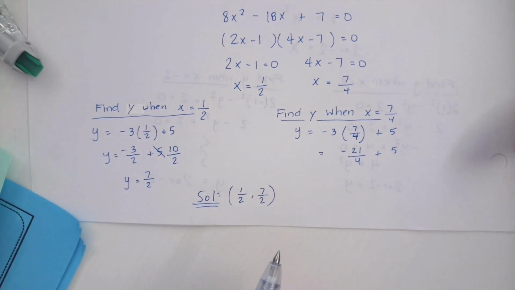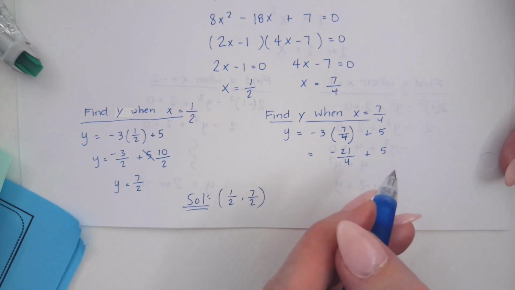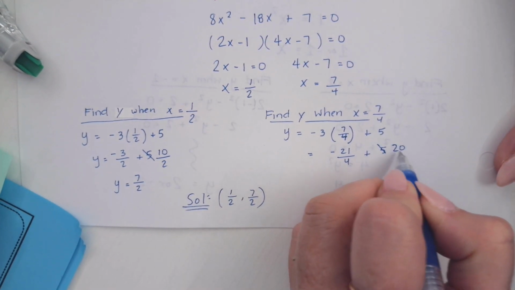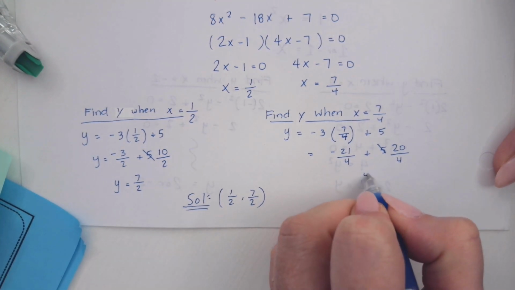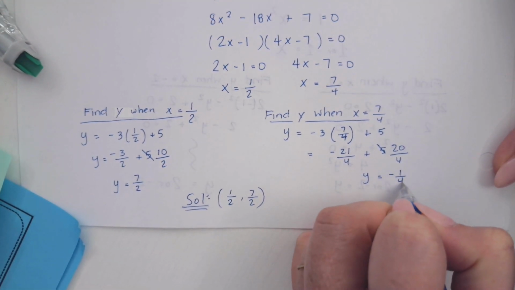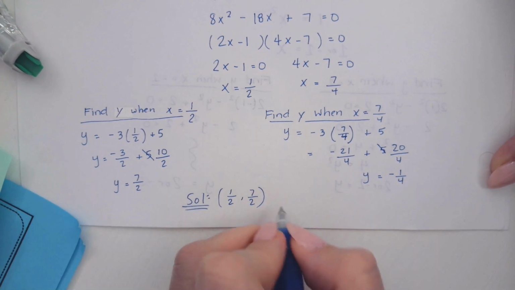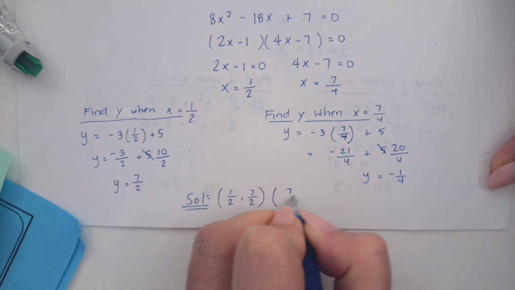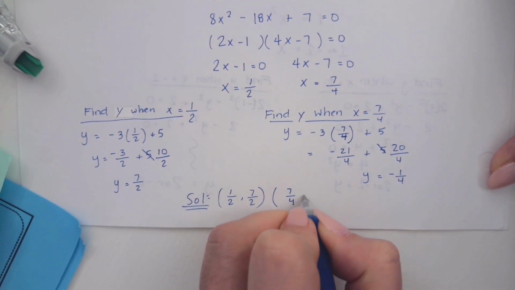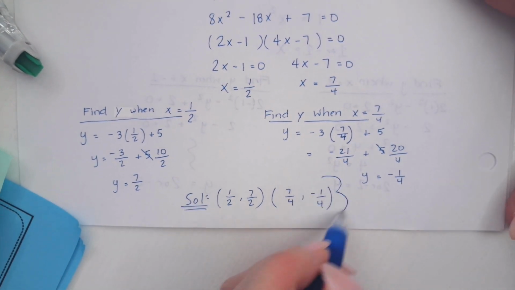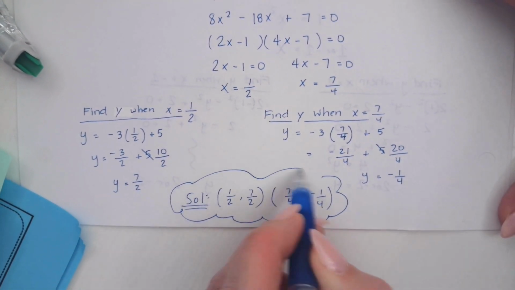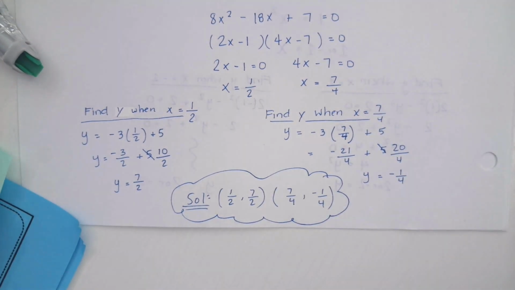How do I rewrite that 5 as something over 4? 20/4. So -21/4 plus 20/4 is -1/4. So as a point, this one would be 7/4, -1/4. Gross, these did not turn out pretty like the other two. All right.